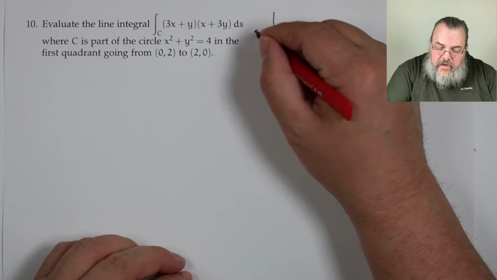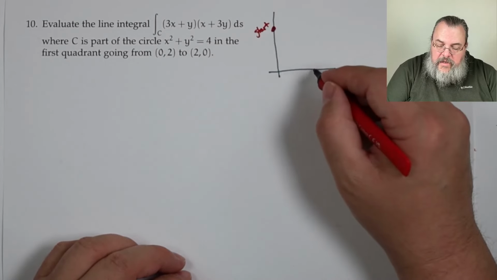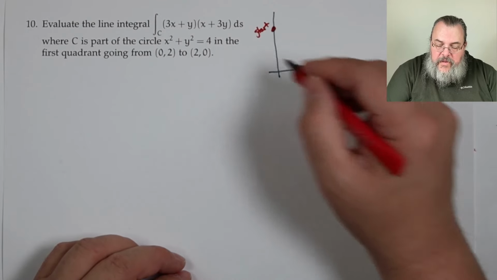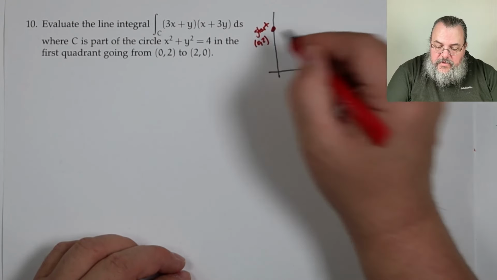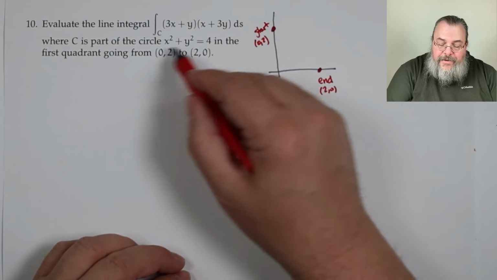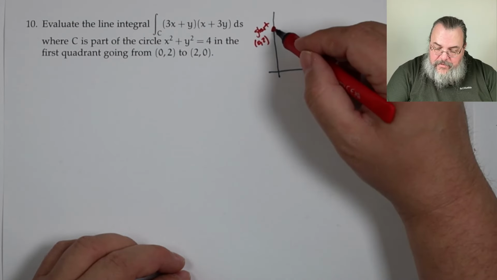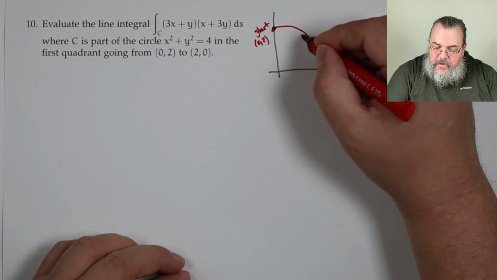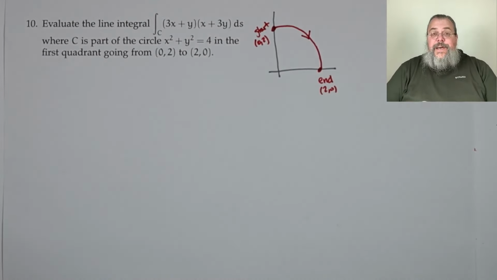So this is our start. And 2, 0 says that we're going to end down here. So we start at 0, 2, end at 2, 0, and we're on the circle x squared plus y squared equals 4. So it's the circle of radius 2, centered at the origin. So we're moving in that direction.